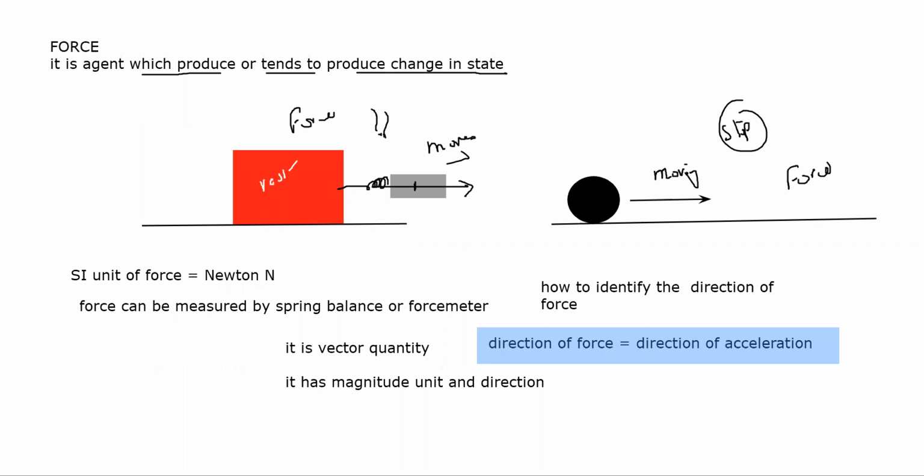Then what are the effects of force? It can change the speed of an object. It can change the state of an object. Like if an object is stationary, it can make it move, or if an object is moving, it can make it stationary.